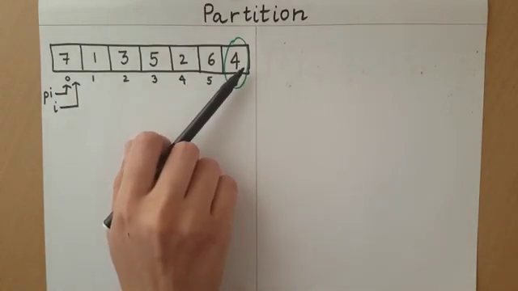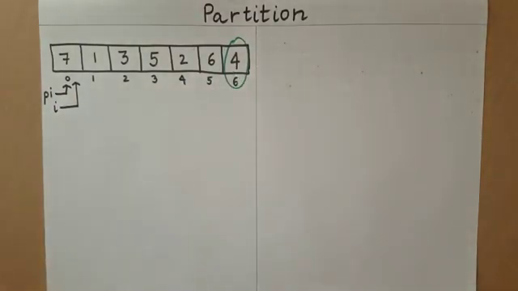The element at I, that is 7, will appear to the right of the pivot. 7 being greater than 4 will appear to the right of 4. Hence, it does not violate the condition of pi being in the correct position. So we can start to check the next element. By that I mean we can increment I.